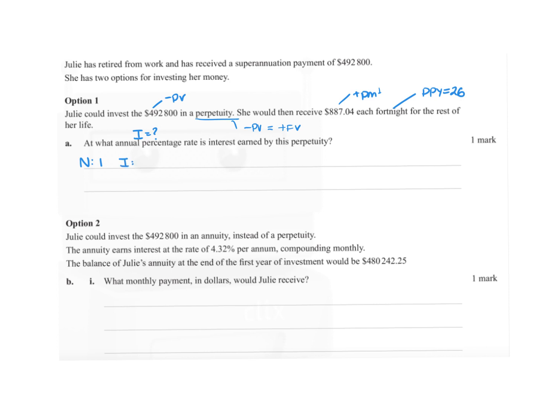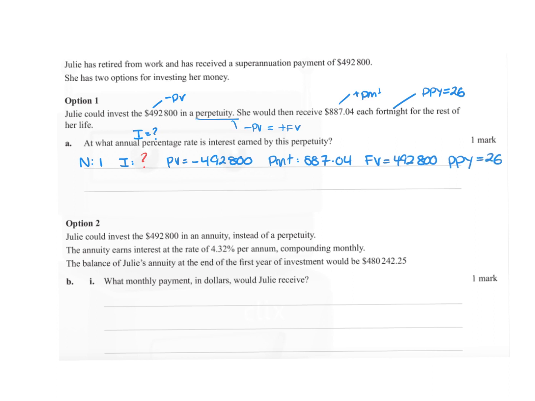So I is the question, and PV is negative 492,800. The payment they receive is a positive 887.04. FV, remember, is the same as PV but positive. And PPY, it was fortnightly, so there's 26.